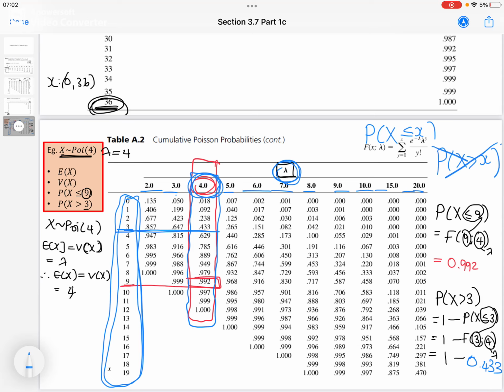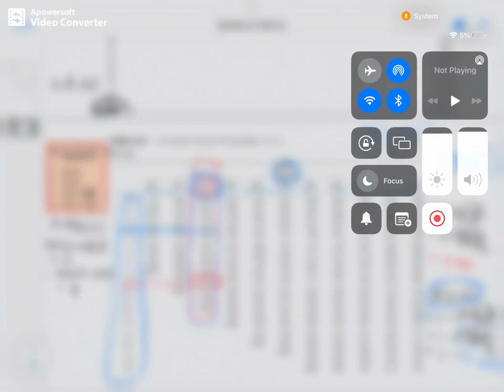It does not give you anything else. If you have a question like the probability of x greater than 3, then this is equal to 1 minus the probability of x being at most 3, and you can use the table to calculate that probability. That is the end of part 1. We did 1A, 1B, and 1C.